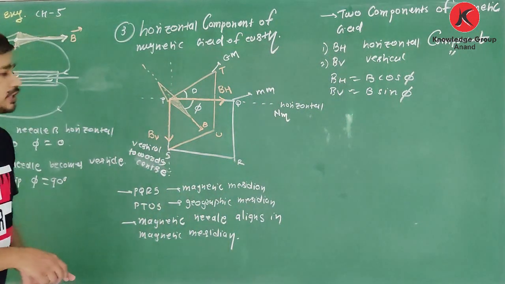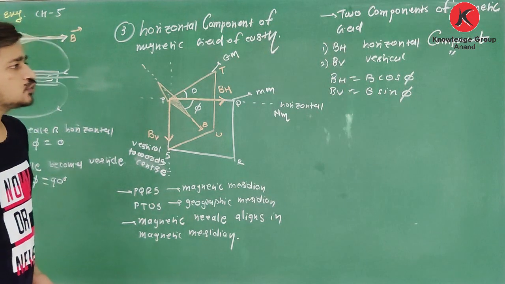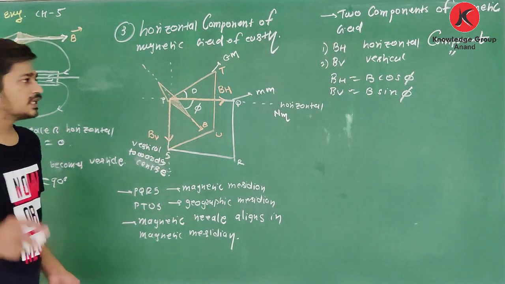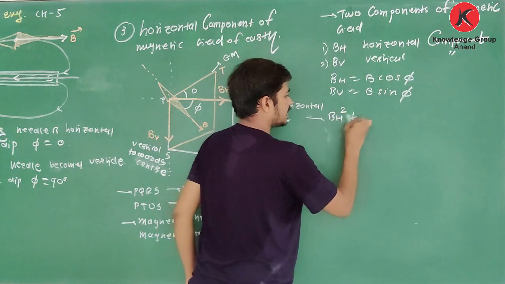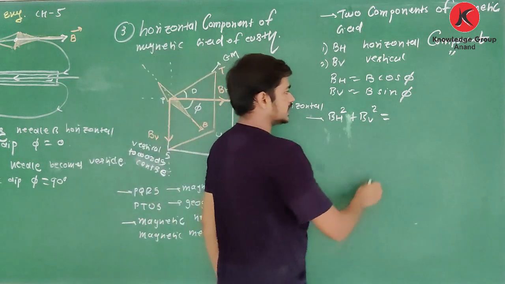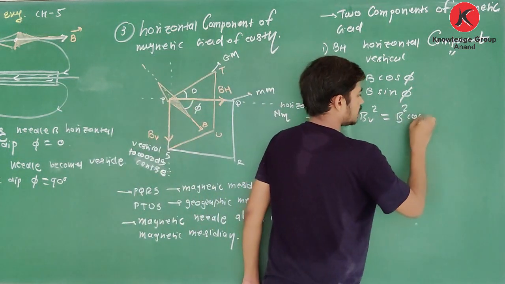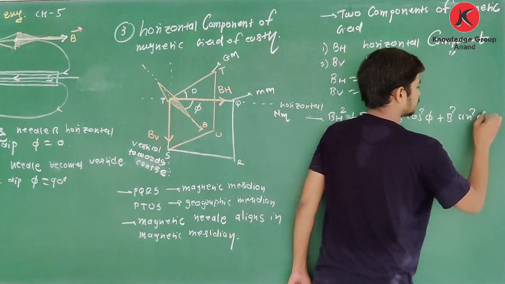Clear about this? So yes, you have to remember BH is equal to B cos phi, BV is equal to B sin phi. Now, if I take the square and add the two equations, BH square plus BV square, then I can write it is B square cos square phi plus B square sin square phi.